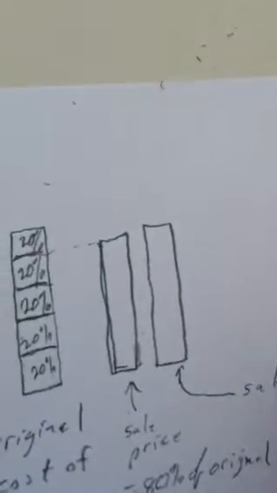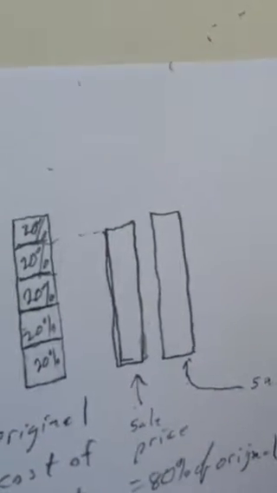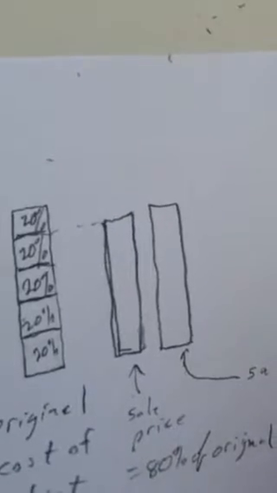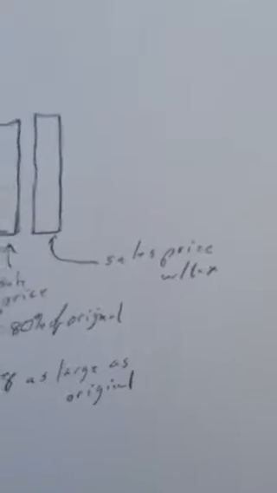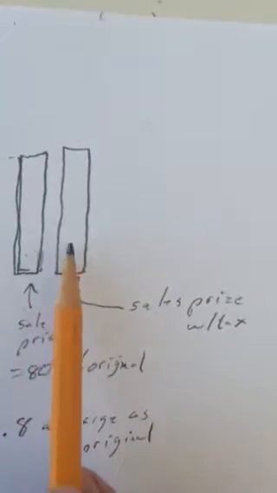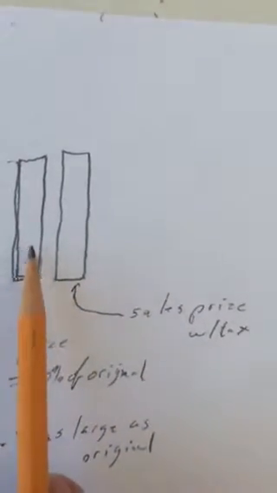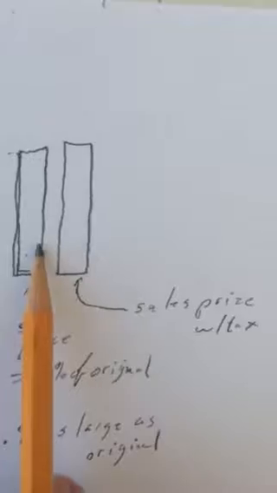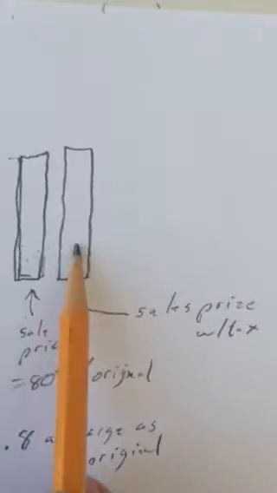And this is representing the sales price with tax. Now tax is 5%, right? So that means that this broomstick is 105% of this one, because this is the 100% and we're going to add 5% tax to that. So that gives us 105%.